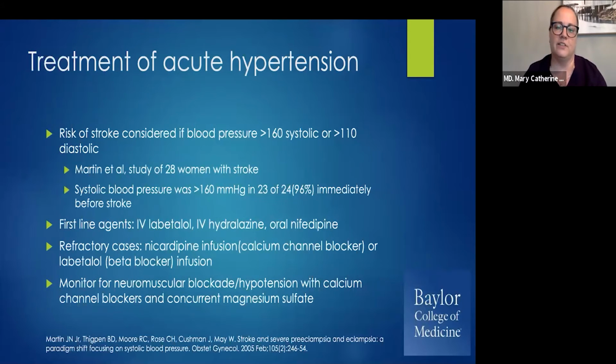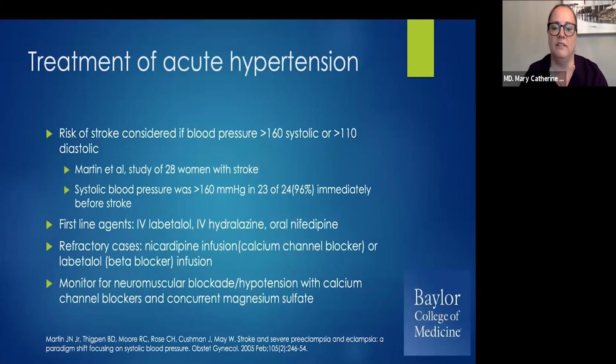I wanted to start off with, at least to my knowledge, what we base that on. The severe range blood pressure, 160 or 110, is based on a small case series from the state of Mississippi here in the US that looked at 28 women who had a stroke in the peripartum period. Of course that's a small number of women, but that's because fortunately this is an uncommon outcome.